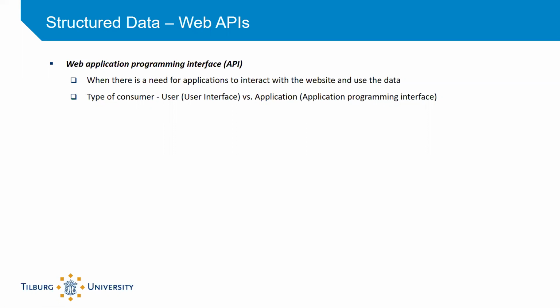In contrast, an application programming interface is an interface between one application and another. So it's one Python program interacting with some HTML or Java program. If the website wants to make it easy for you to programmatically collect data, it will give you API services that make it easy.